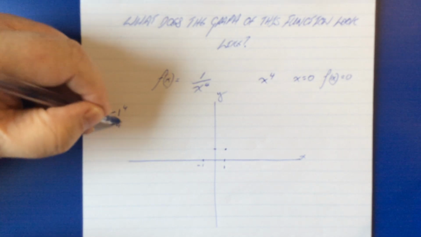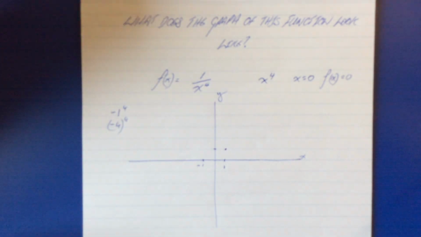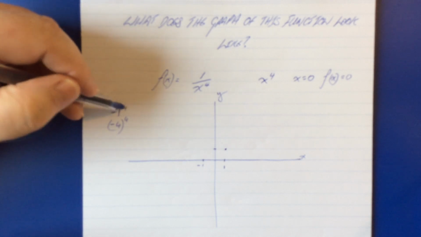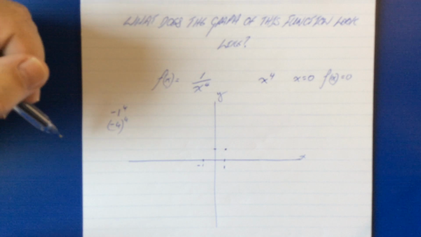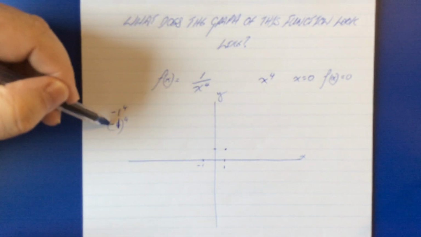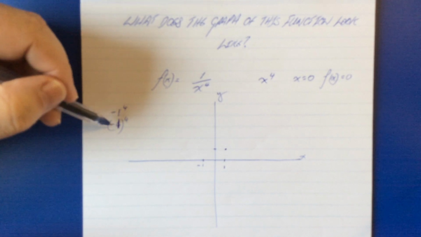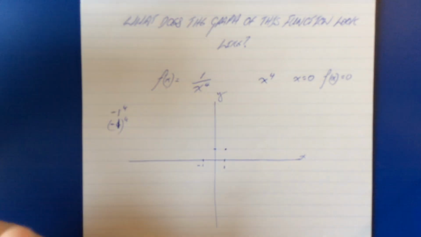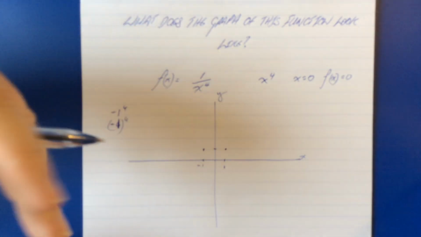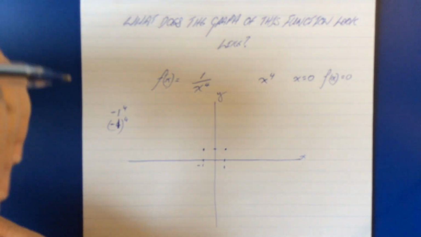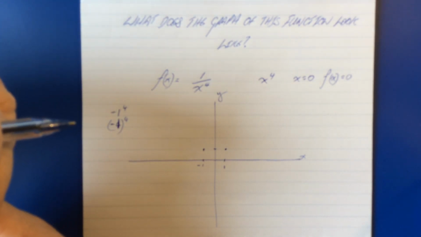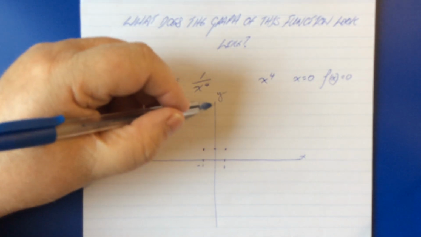What we're doing is that. Now that would give us negative 1, because it would be 1 to the power of 4. We do the indices first, and then it's negative. But here, I beg your pardon, that should be 1. Here, that is negative 1 times negative 1 times negative 1 times negative 1. Did I get all 4 in there? I hope so. And that gives us 1. So this thing's beginning to look as though possibly it might be symmetrical with an asymptote here.